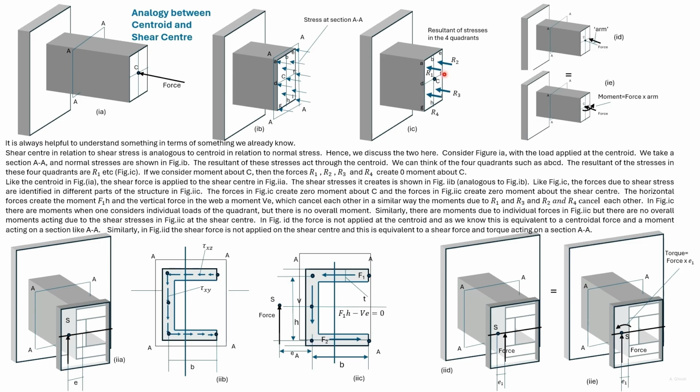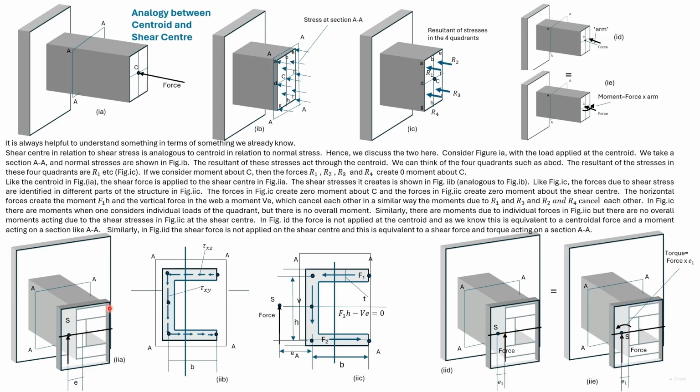Consider the moment of the force R1 about the point C and the force R3 about the point C. They are equal in magnitude and cancel each other. Consider the moment of R2 about the point C and R4 about the point C. Again, they are equal in magnitude and cancel each other. So there's no net moment at point C due to these four forces.